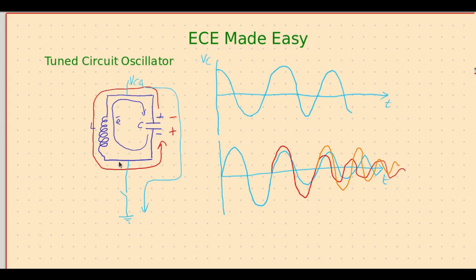So for this, what is required is that this switching arrangement has to be taken care of, and this can be done by a transistor circuit. We can use a transistor as a switch, and we need to turn on this transistor for a small period of time.